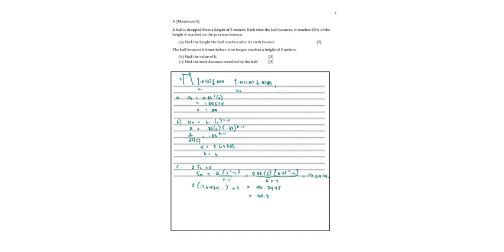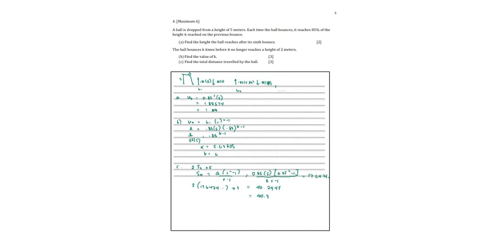Number 4, a ball is dropped from a height of 5 meters. Each time the ball bounces, it reaches 85% of the height it reached on the previous bounce. So if we're going to picture that, from 5 meters it fell down, but it will not be reaching 5 meters again.